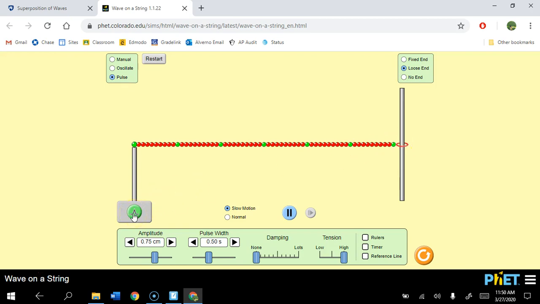So what did we learn in that previous slide? We learned that this pulse that we send is going to go down this wire, or whatever this thing is, and it's going to come back through the wire on the same side. If it traveled on the top, it's going to come back on the top. So go ahead and observe.